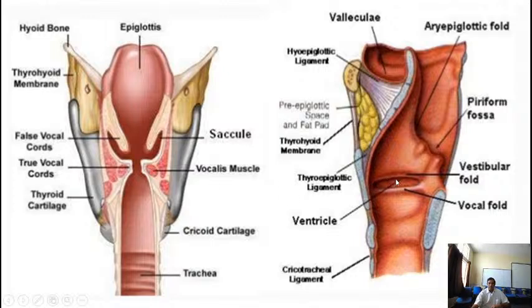The space in between the false vocal cords or vestibular folds and the true vocal cords is called the vestibule. So this is like a tube, and in this tube there are these structures, the false vocal cords, the true vocal cords, and the epiglottis above, and the aryepiglottic folds. These are the ones which the larynx is adapted with to perform certain functions.